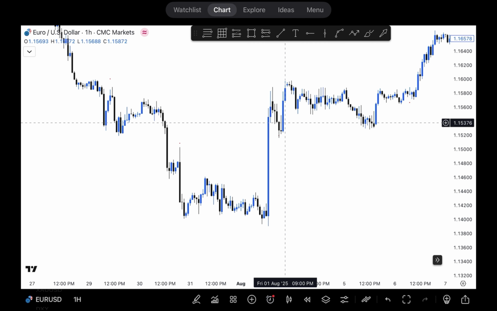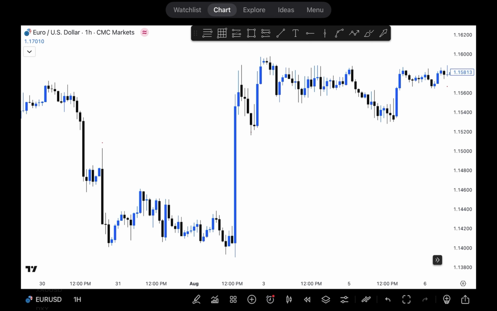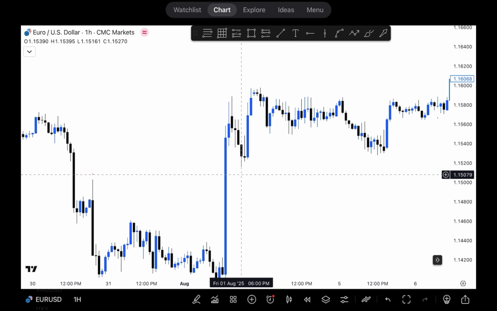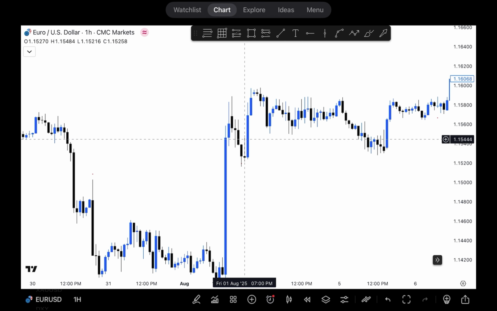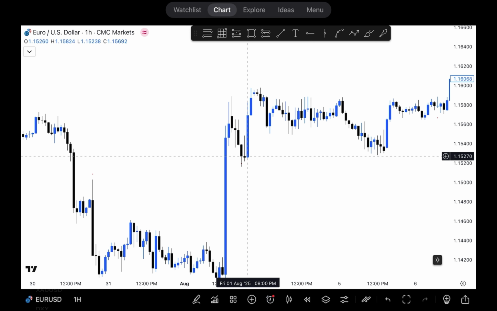Okay, look at this. This is a perfect example for case 3. See what happened here? This is our demand zone, demand candle. But see the next candle that came here, it did not violate it. The bearish candle here closed here and then opened and went up. It did not violate it.